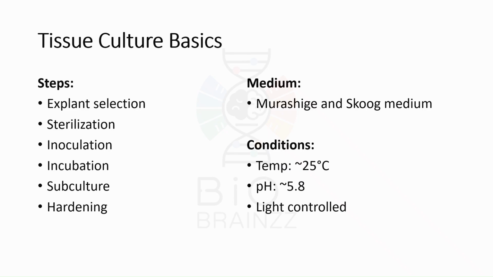The most commonly used medium is Murashige and Skoog, MS medium. Important conditions include temperature around 25 degrees Celsius, pH around 5.8, and controlled light. These are basic conditions frequently asked in exams.